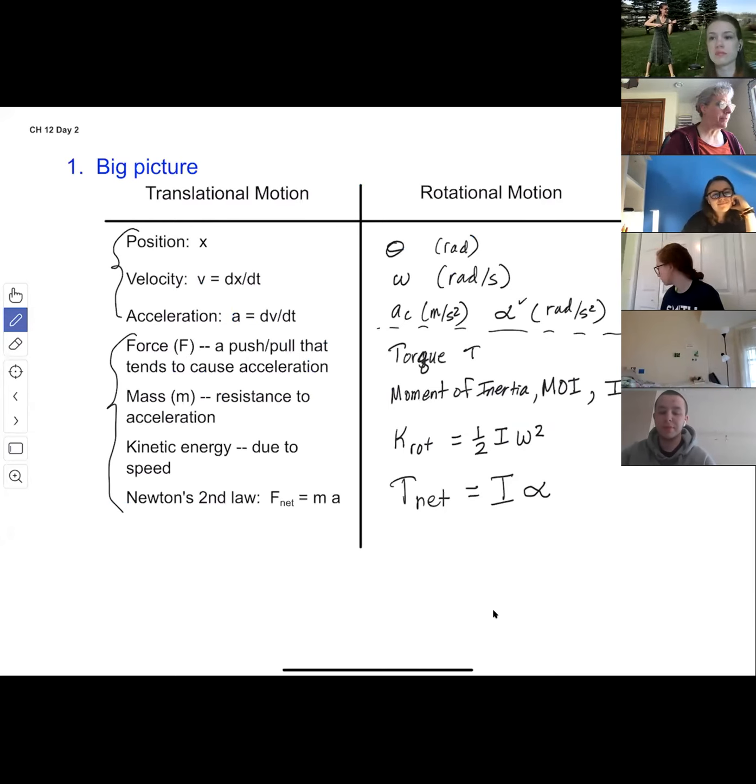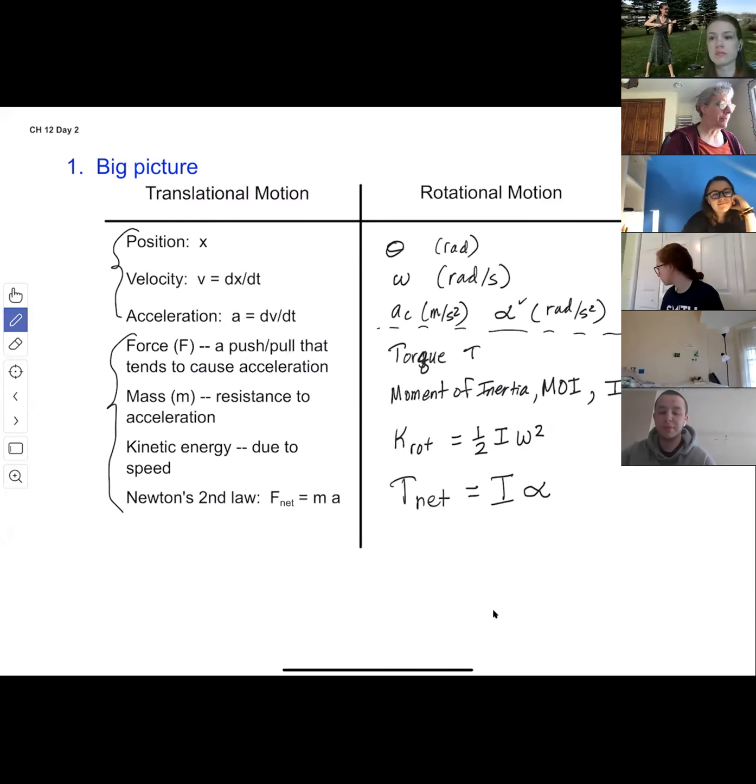We have ways now to apply that in a rotating system. And a rotating system always seems harder because it's less familiar. Things like theta and omega and alpha and centripetal acceleration were probably brand new to most people. So it's understandable that this one seems harder, but it's not necessarily because there are a lot of new concepts. There are a few, but trying to apply them in a rotating system just takes a bit of practice.